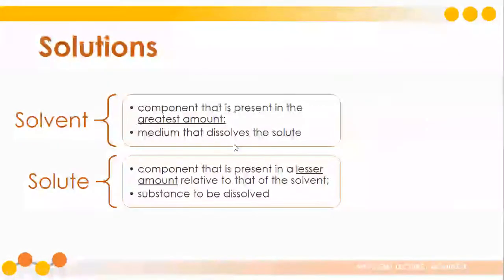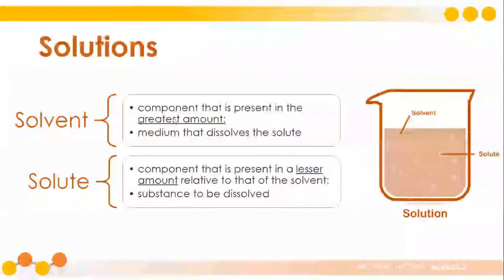Solutions have two components, and those are solvent and solute. Solvent is the component that is present in the greatest amount. This is the medium that does the dissolving and dissolves the solute. What is a solute, on the other hand?